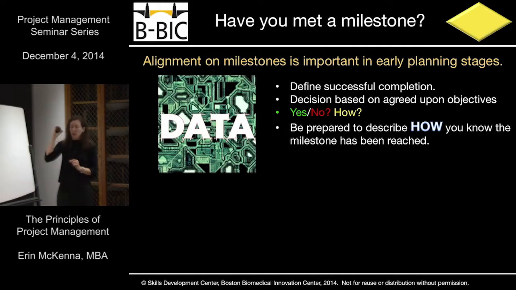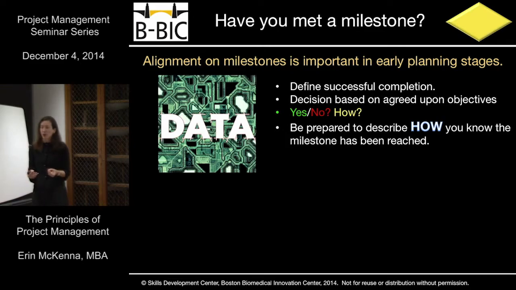So you want to be sure that for each milestone that you identify, you want to define what a successful completion is. You want to make sure that you've got clear ways of looking at the objectives leading into that milestone, the work that you're doing, and being able to judge, like, did this achieve my goal? Yes, no. But also capture a how or a why that's true.